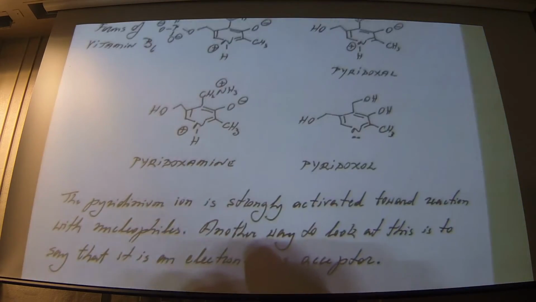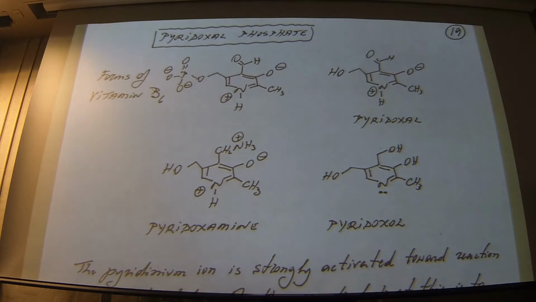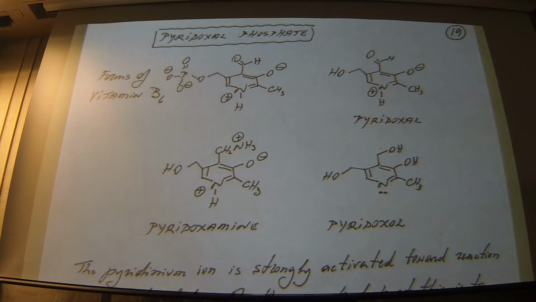Then the last thing we talked about, really last time, was the chemistry of vitamin B6, which is a cofactor. And these are all different forms of vitamin B6. Cofactors, remember what they are. They're small molecules that react in concert with an enzyme. So think of them as being the reagent that reacts with an enzyme.